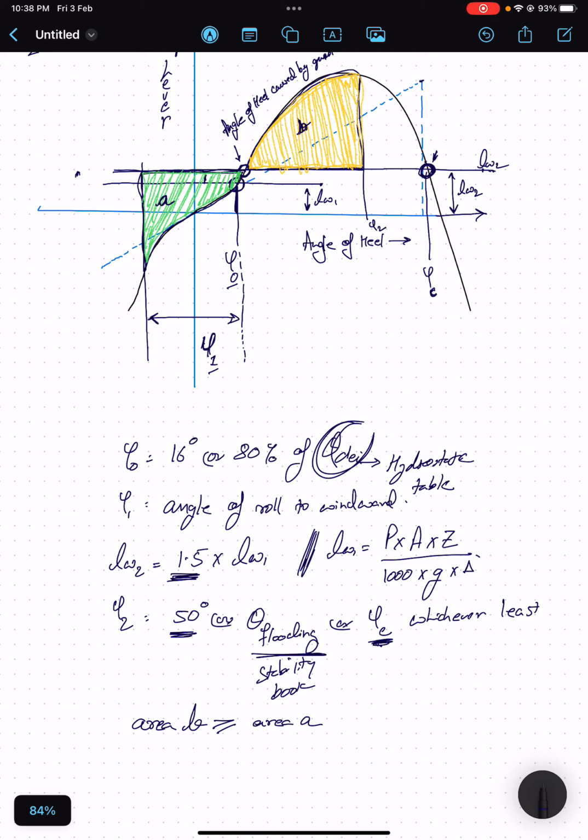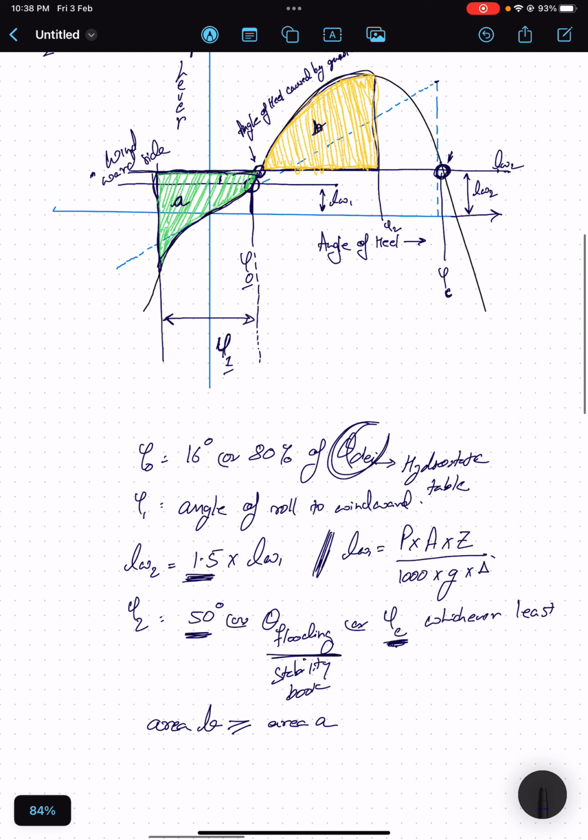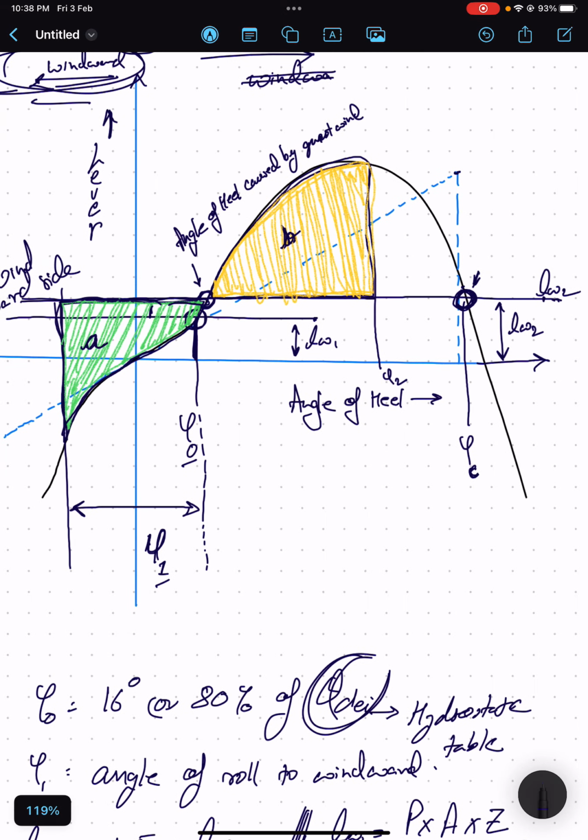Area A is work done by the external force to heal the vessel, because this is always on the healing side, the windward side. And area B is the residual dynamic stability for a vessel. Area B is the area under the curve between phi 2 and LW2.